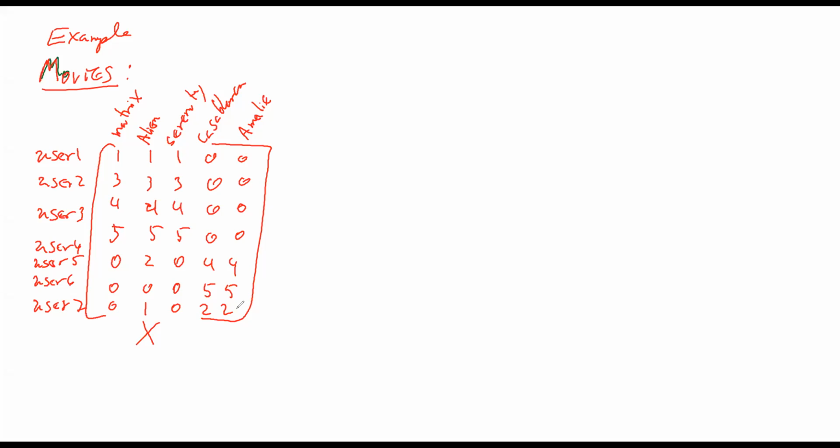Users 5, 6, and 7 don't really like sci-fi, but they like more romantic or other movies. Whereas the users that really like sci-fi, you can almost see them here, right? User 1 actually doesn't seem to like anything.